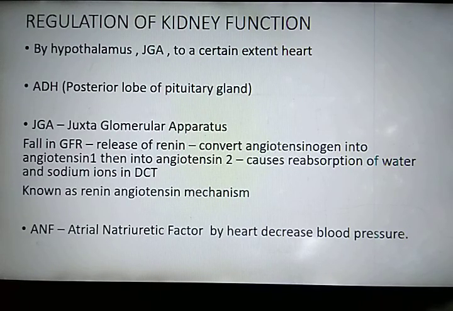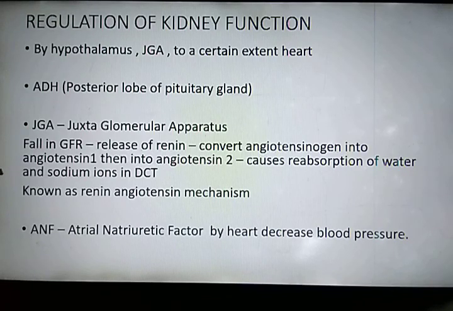So in the end, absorption of sodium ions and water from the distal convoluted tubule due to renin, angiotensin and aldosterone causes an increase in blood volume and blood pressure. Okay, so this was about the juxtaglomerular apparatus.